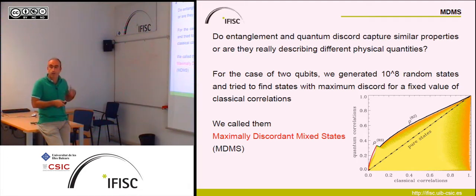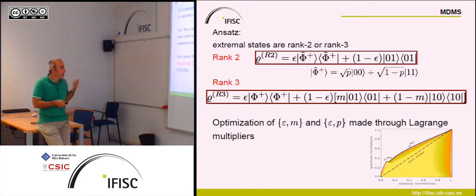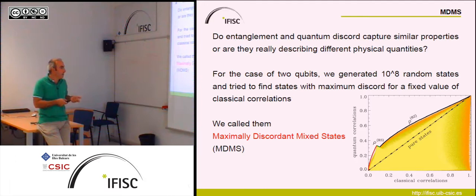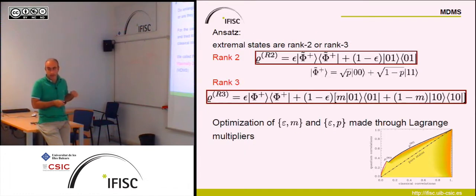And then we try to observe the behavior of these states, observing the behavior of entanglement against classical correlations. So we found for these states an analytical expression by starting from an ansatz and then by optimizing the parameters using the Lagrange multipliers, and we found that there are 3 branches.